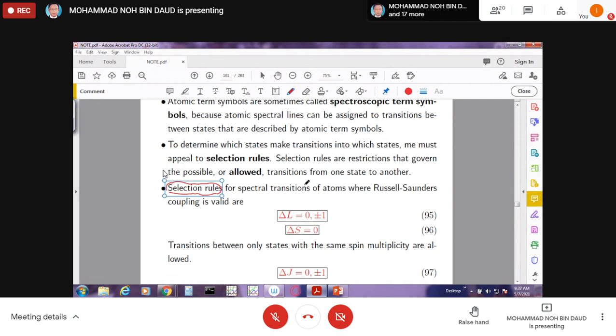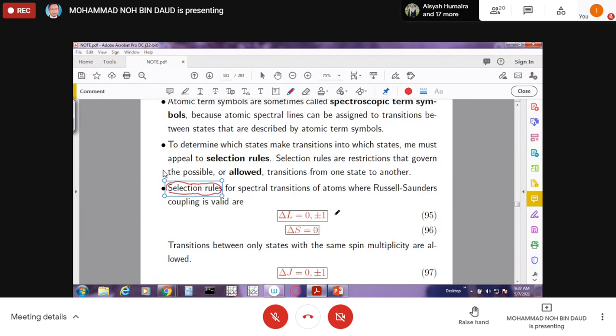So spectroscopists here use these selection rules, and always here we can apply this for the light atoms, and sometimes it fails for the heavy atoms. These are only rules, like Hund's rule. Okay, sometimes it fails, to explain the transition between states, between energy levels.